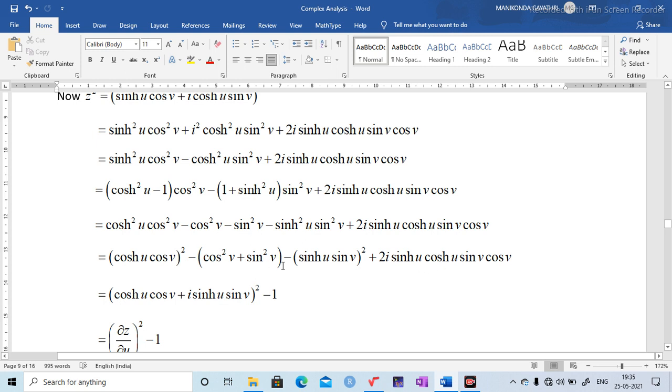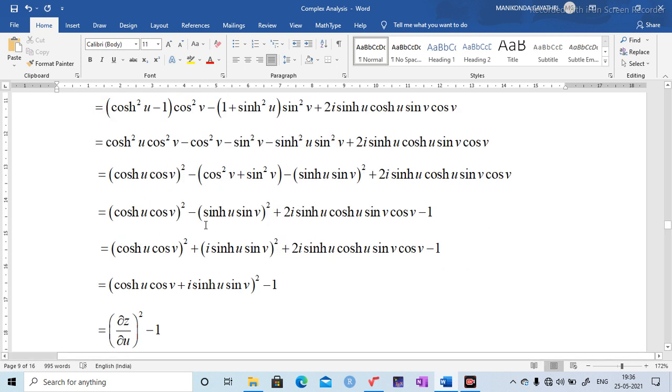That means here I am writing this minus sign as i square plus i square. Observe, here we have minus 1. That minus 1 means i square only. I write i here as a whole square. So this is a square, this is b square, this is the 2ab term.